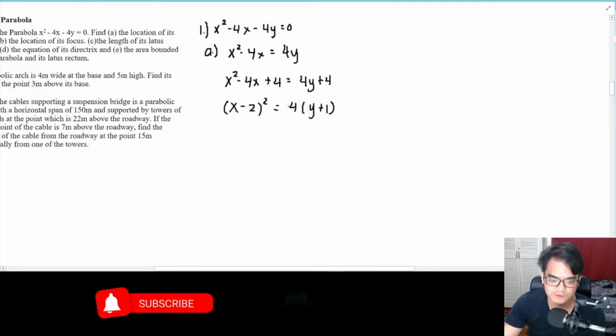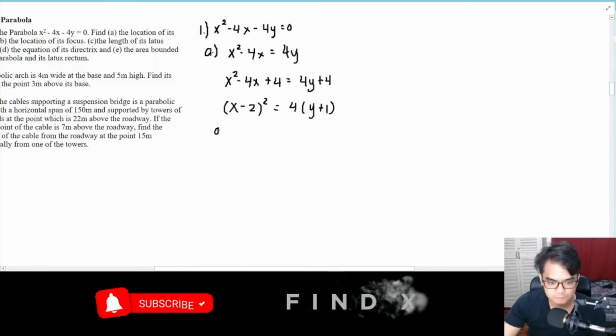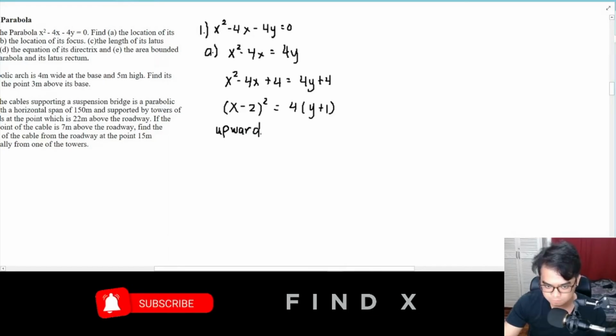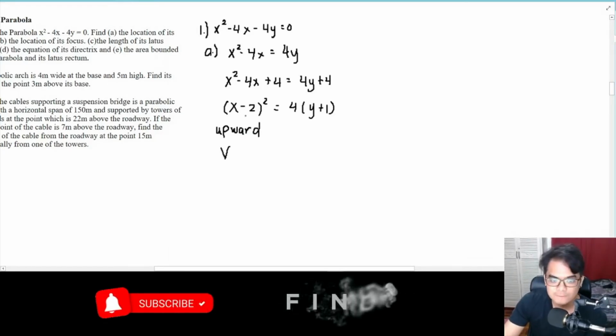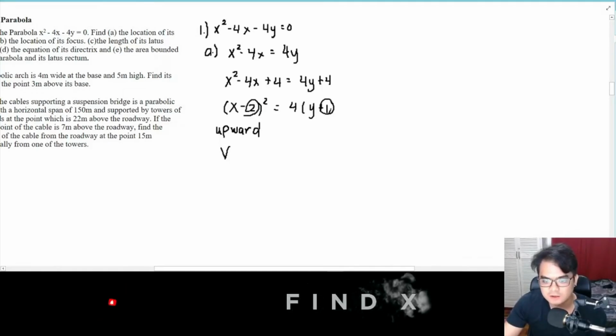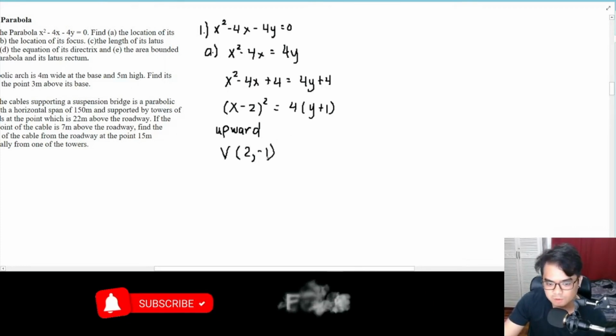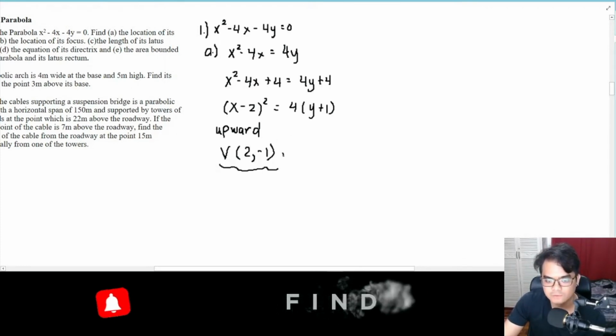But we don't write the positive anymore. So the opening of this one is upward. And then, by comparison, you have to change the signs of h and k. Therefore, the vertex is 2, and that's plus 1, so it should be negative 1. So this is the vertex.